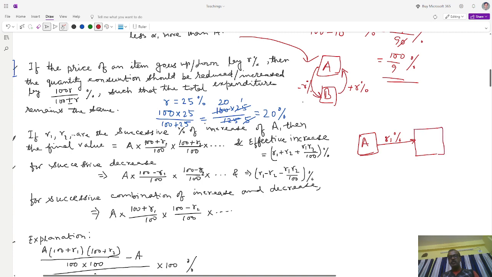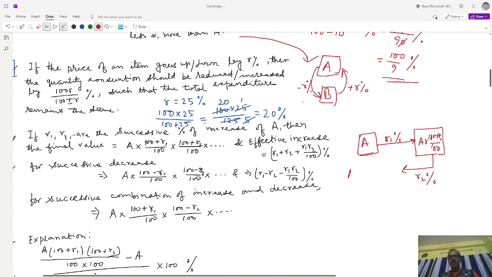This will be A into (100 plus R1) divided by 100. Right? And further, if it increases by R2%, then what will be its final value?